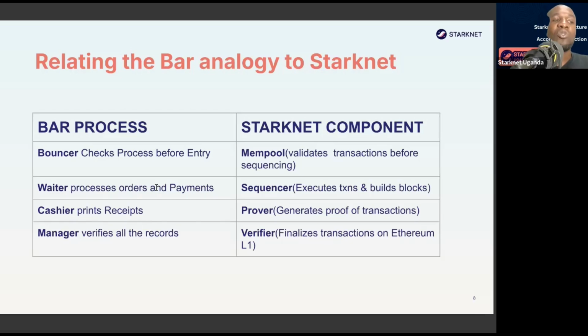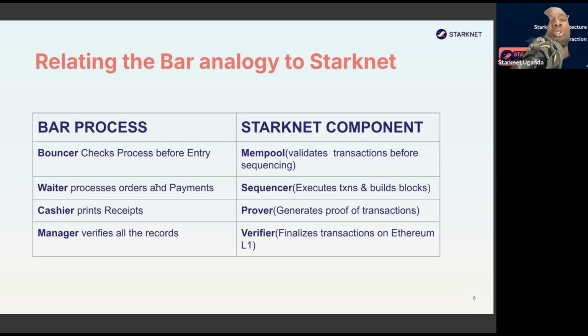To execute the transactions, ordering takes place first, and then executing the transactions by building the blocks. Then after the sequencer, it goes down to the prover. At the prover, a proof of transaction is generated. Remember guys, in our previous session when we were introducing Starknet, we said it works on proofs.